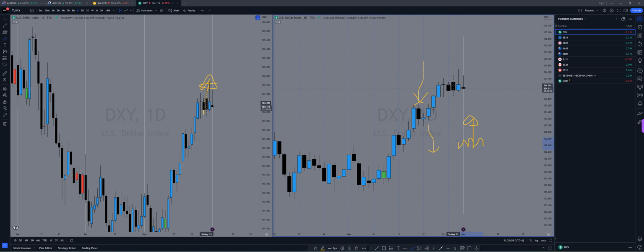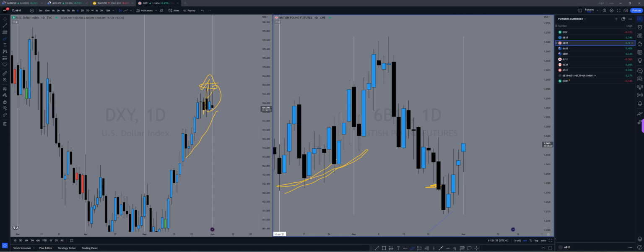So if dollar is going up and one of the currencies stays in a consolidation or goes up with the dollar, then that pair will be considered a strong pair or a strong currency. Okay, example right now, let's say Dixie is going up. It's been going up, and then you look at the other currencies and you find out that British pound has been going up as well.